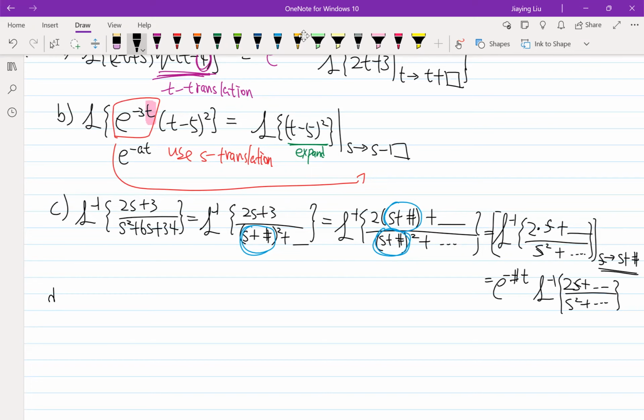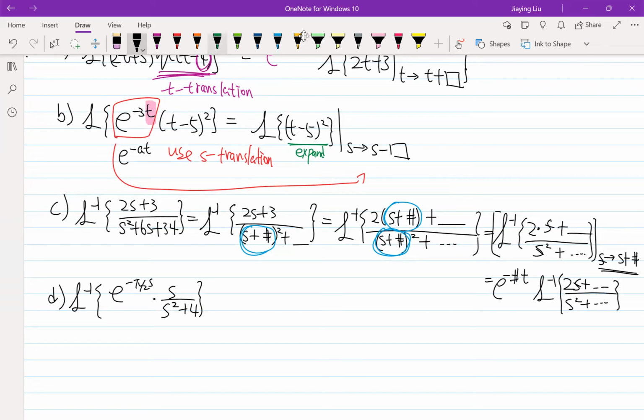And at D, we're finding the inverse Laplace of, I forget exactly how it was written in the homework, but it was something like e to the negative pi over 2 s times s over s squared plus 4.